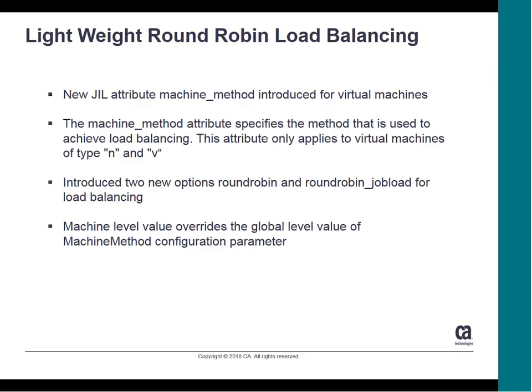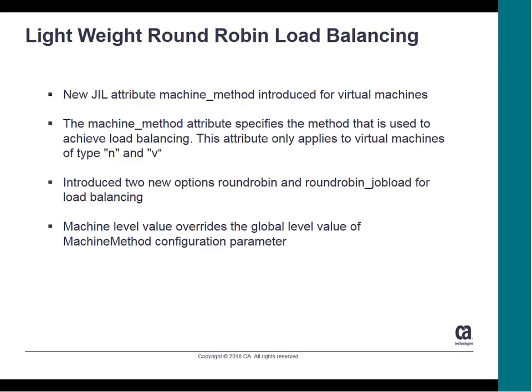To achieve this, we have introduced a new GIL attribute called machine method in virtual machines. Besides round-robin and round-robin job load, the machine method will take all the other supported machine methods that were present before SP7, like rstat, vmstat, cpmon, job load, etc.